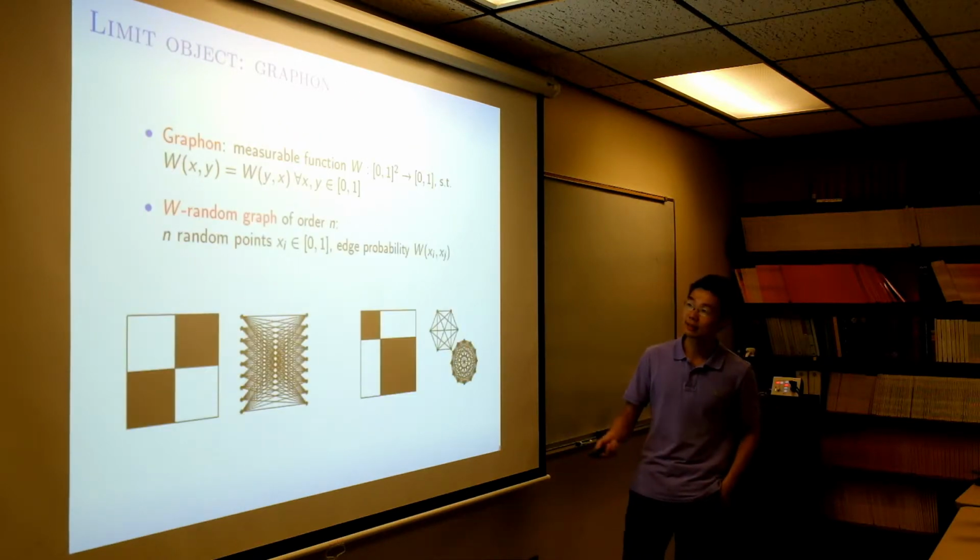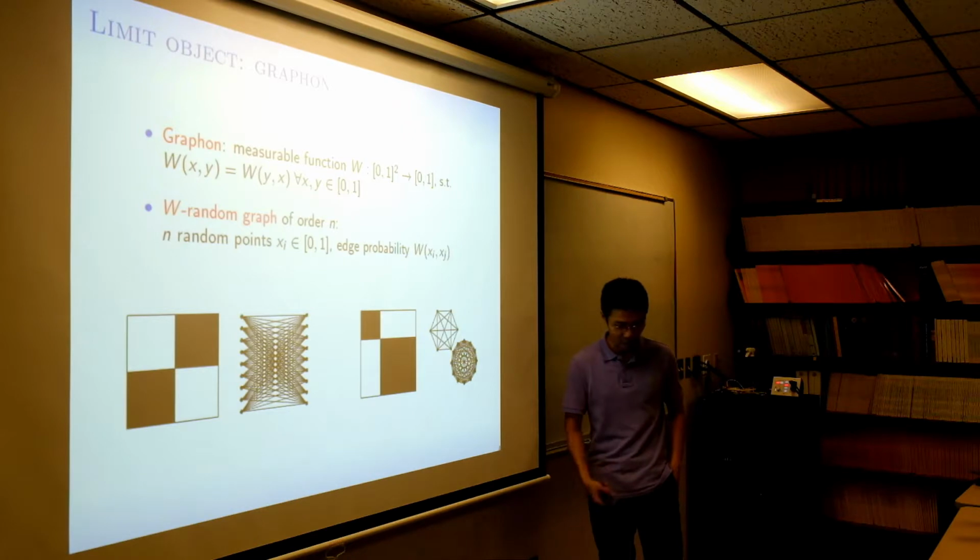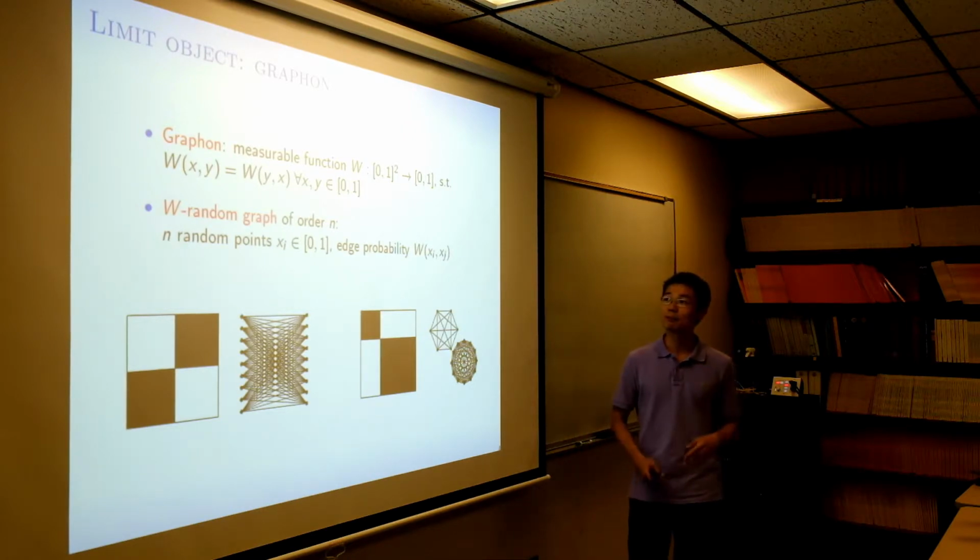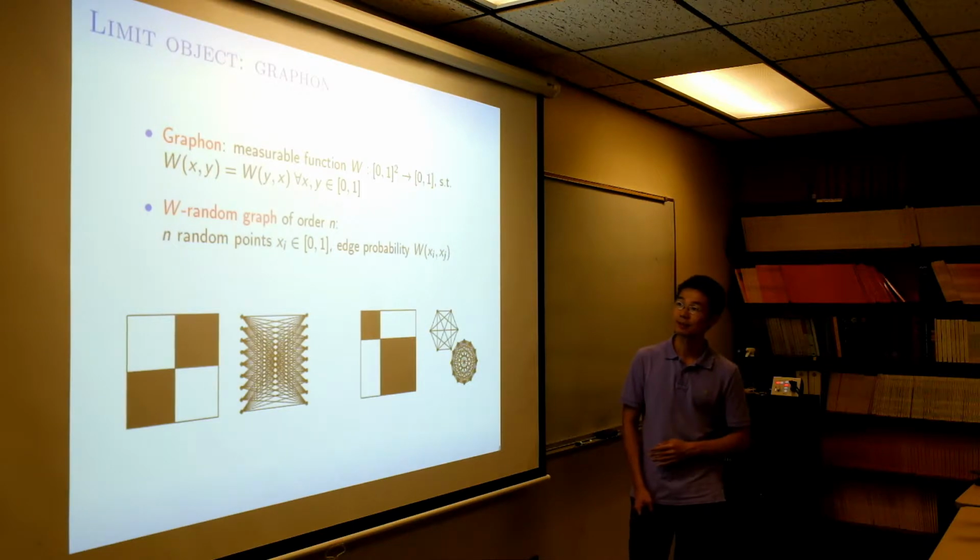Now let's define the limit object. A graphon is a measurable function from [0,1] squared to [0,1], and it has to be symmetric. You will see later that you can in some way think about it as a limit object of the adjacency matrix.